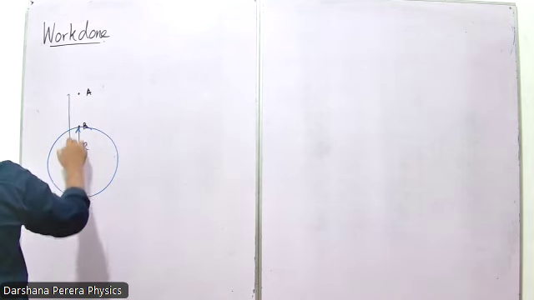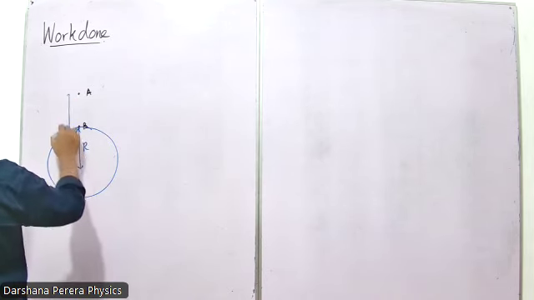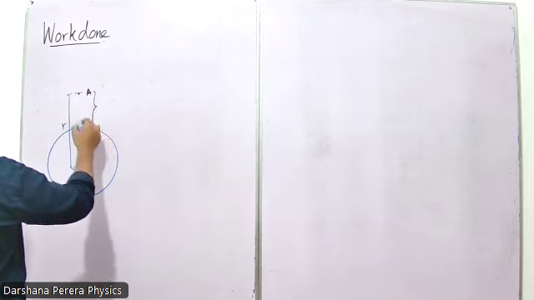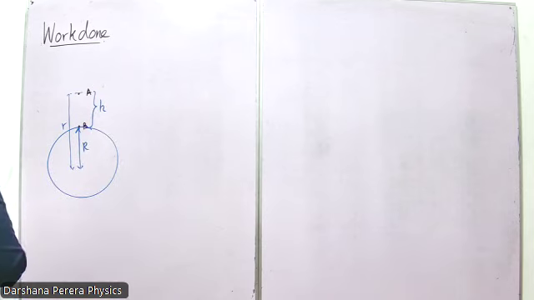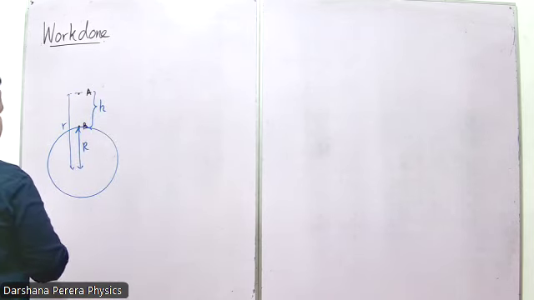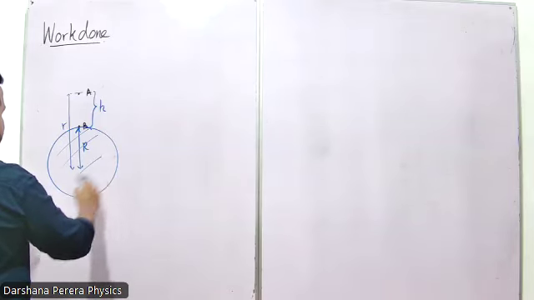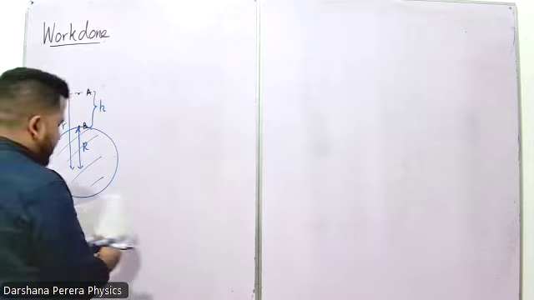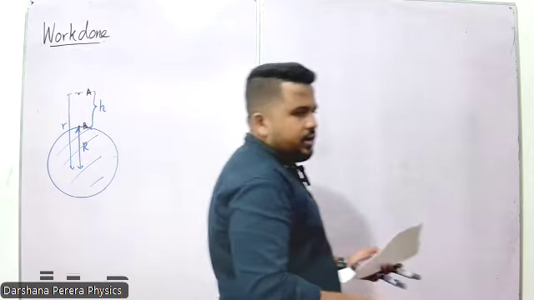Therefore, the distance from the center to this point is symbol R, and I take it as H. Okay, so this is the Earth. I have to move some mass from A to B or B to A. Okay, write down before that.